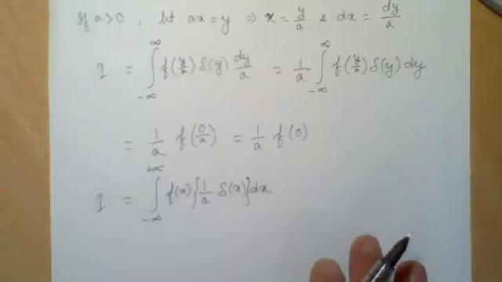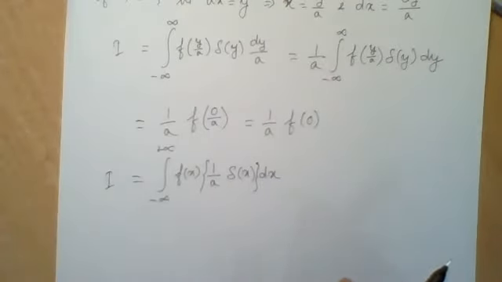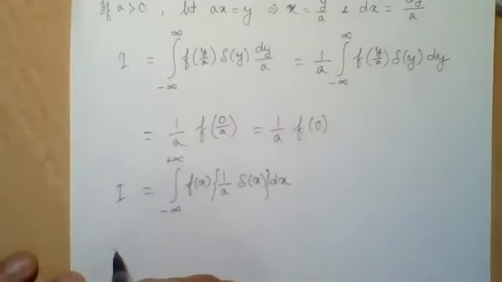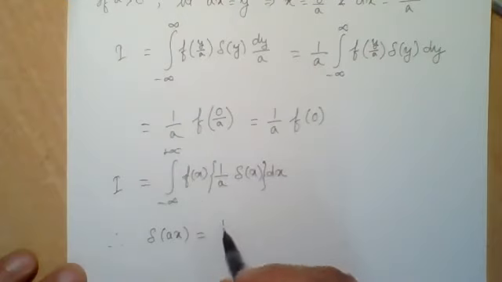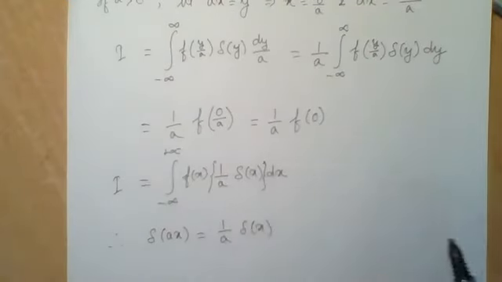Now for negative a. Let me write, therefore delta ax is equal to 1 by a delta x. This is for positive a. Now let us try to prove it for negative a.